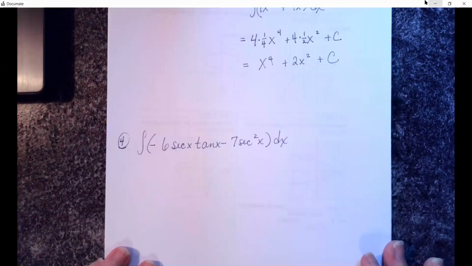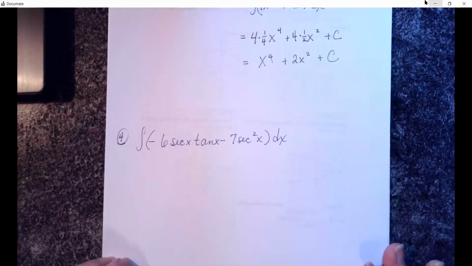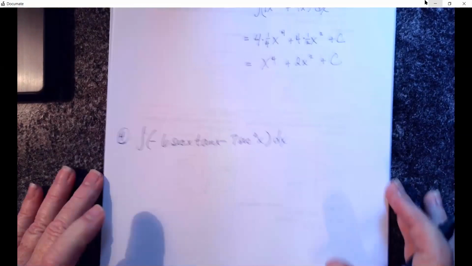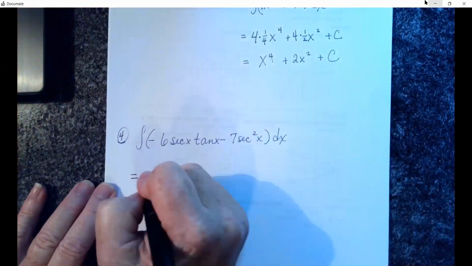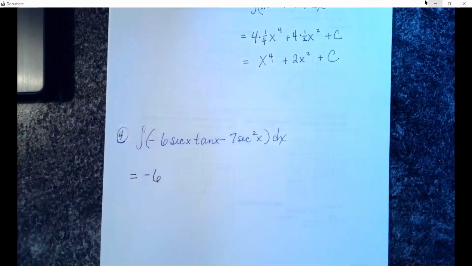All right, trig functions, everybody's favorite. Oh my God. So we have -6 times. Which trig function do we take the derivative of and get secant x tangent x? Whose derivative is secant tangent?